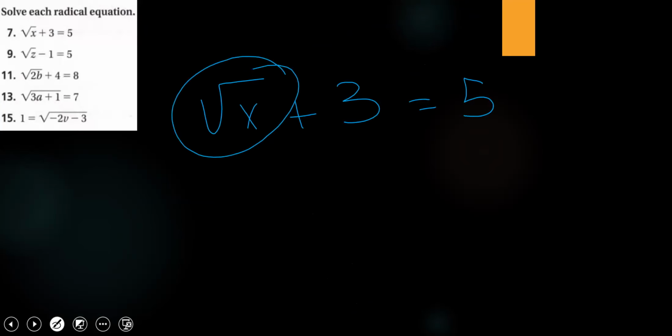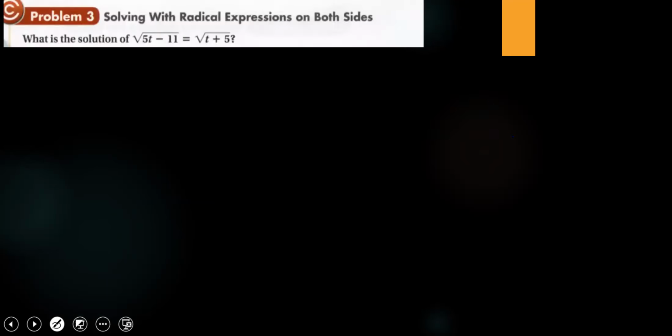The radical is on one side, and on the other side we have a number. But in this example, we have two radical expressions, one on the right and one on the left.